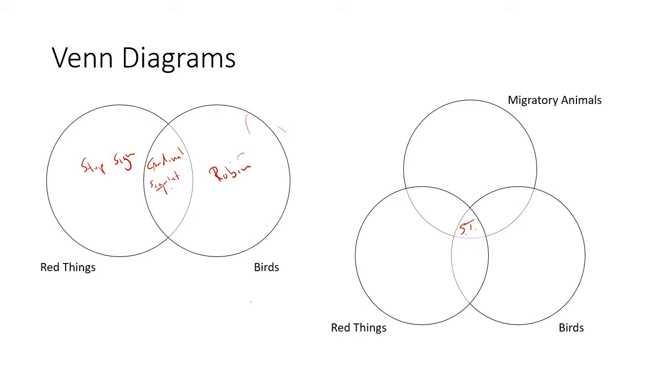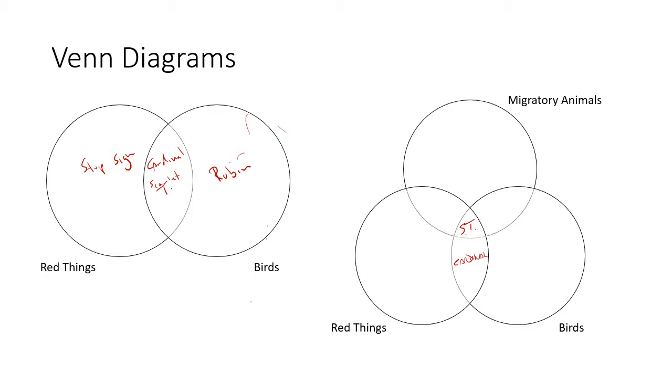The scarlet tanager doesn't stick around; it goes south for the winter. It's a migratory animal. But down here, right below that area, would be a red bird that isn't migratory, and that is a cardinal. Cardinals don't migrate. They stick around all year long.